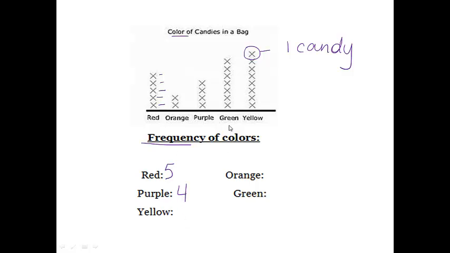We had 1, 2, 3, 4, 5, 6, 7, 8 yellows. I bet you could fill in the rest on your own. We had 2 oranges, and we had, count them up, how many greens? You should have said 7. So that's really just looking at the graph again and counting your X's, because remember, X's stand for 1 something, so 1 candy.